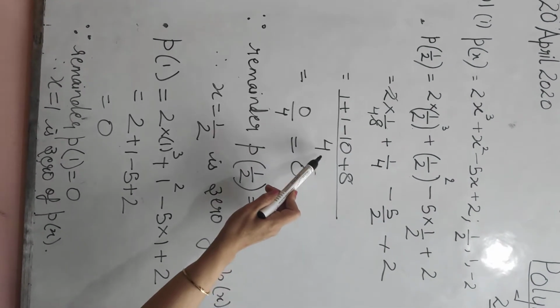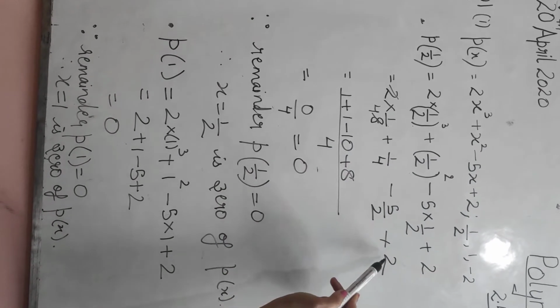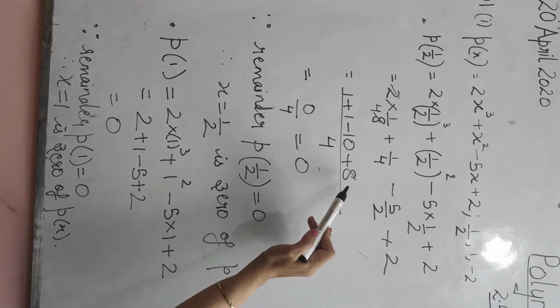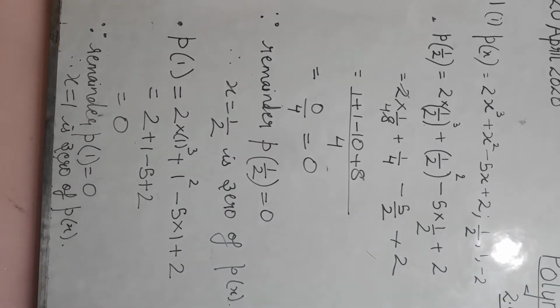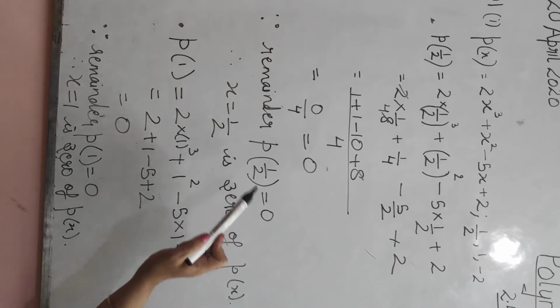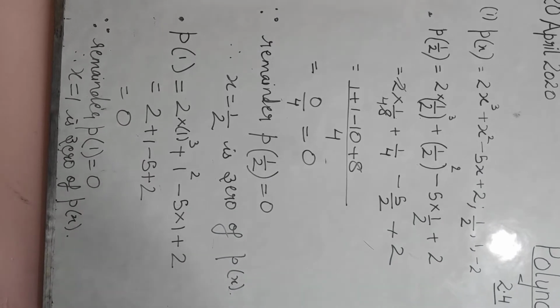Taking LCM as 4, we get here 1 plus 1 minus 10 plus 4 2s are here 8. This comes out to be 0 by 4 which is equal to 0. So since remainder is 0, therefore x is equal to 1 by 2 is 0 of p of x.